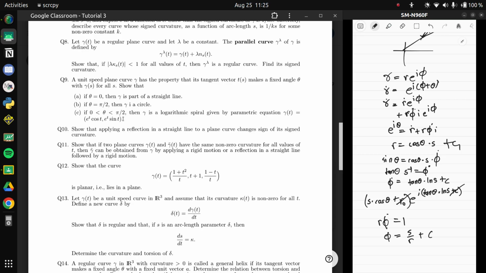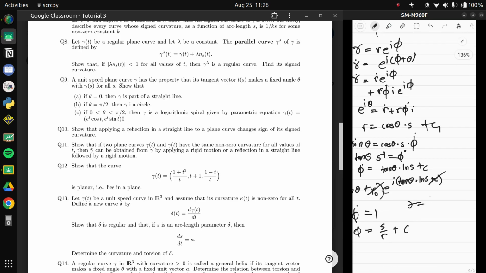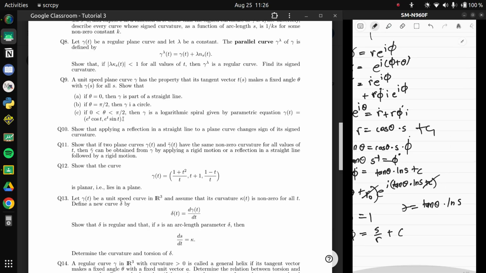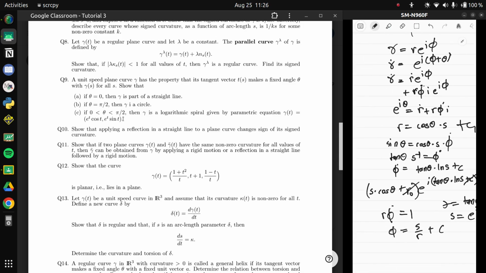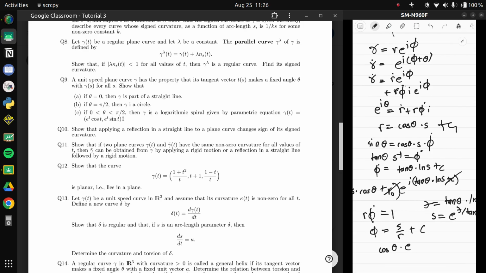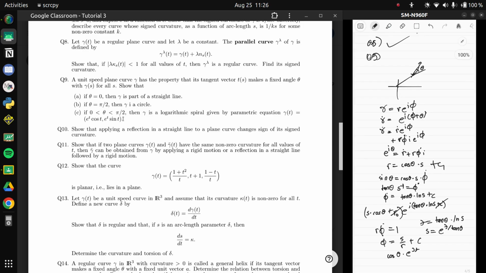The complex number we're dealing with is like that. So what you're saying is you set t to be equal to tan theta times natural log of s. Okay. So then s would just be e power t upon tan theta. Putting that in there, it just becomes cosine theta times e power t upon. I guess this is not a way to be doing it. Theta is just some arbitrary value.